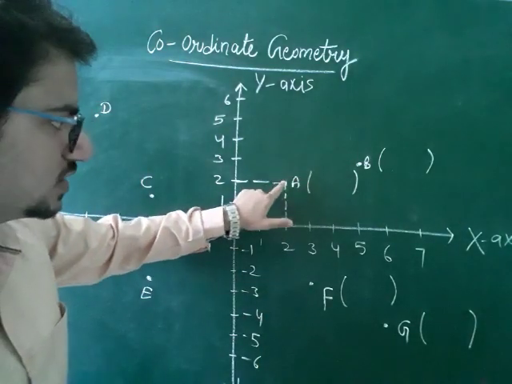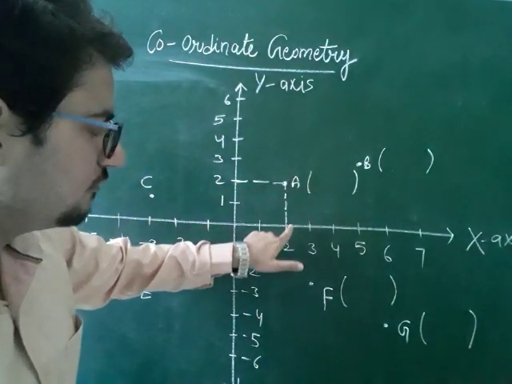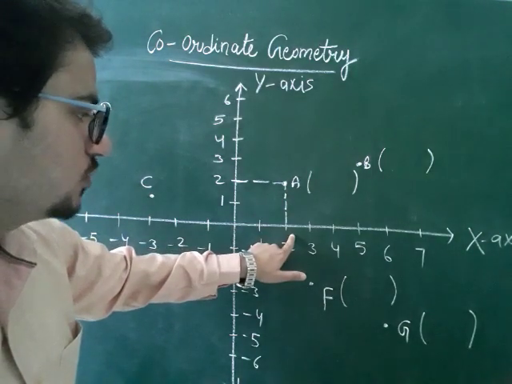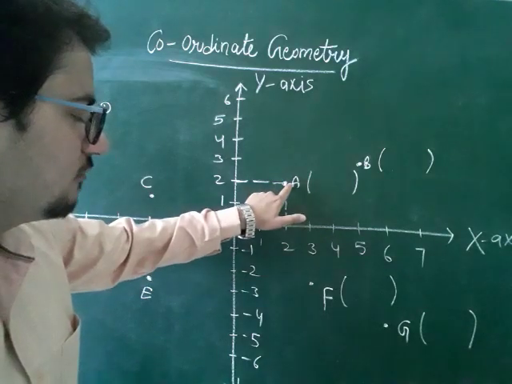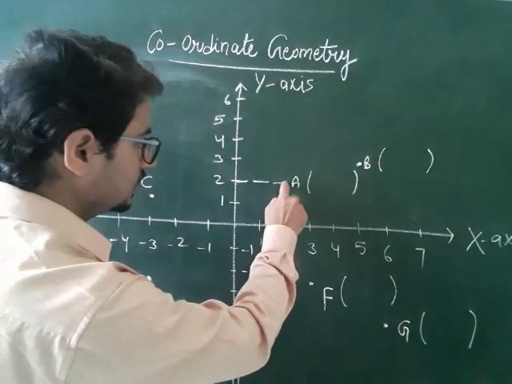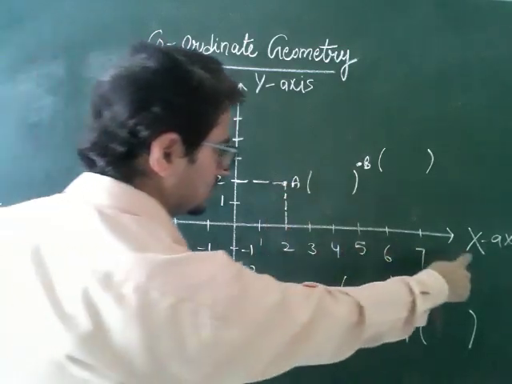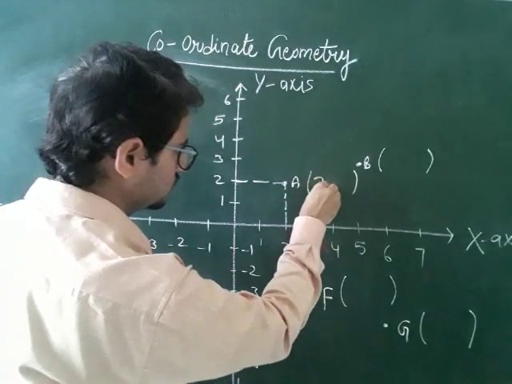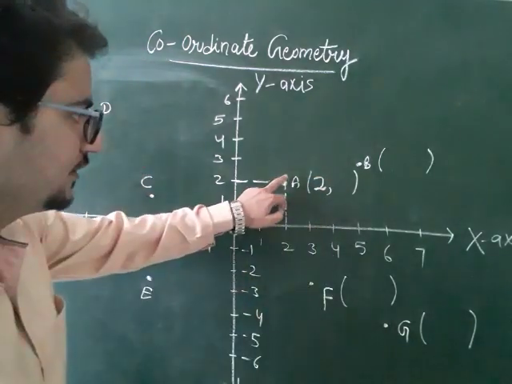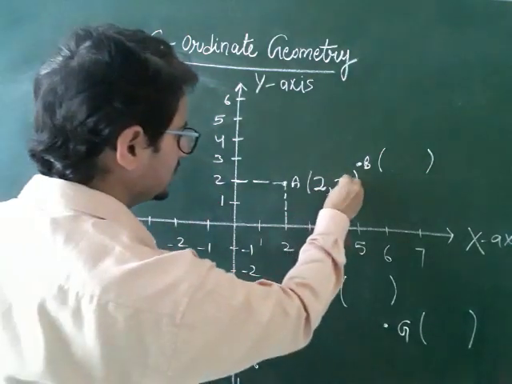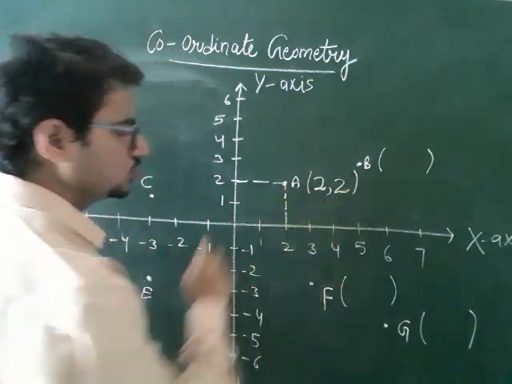So what you have done, from point A you have drawn a perpendicular on x-axis and you have drawn a perpendicular on y-axis. Now read out the value of x. The value of x is plus 2. So write here plus 2, comma, read out the value of y, and the y is plus 2. So the coordinates of point A is 2, 2.